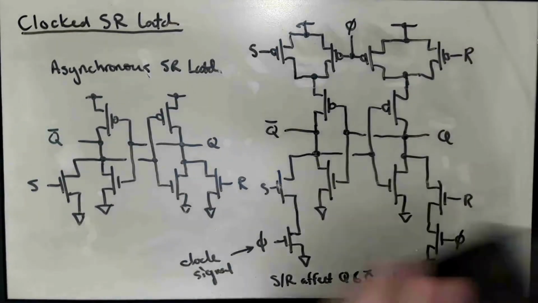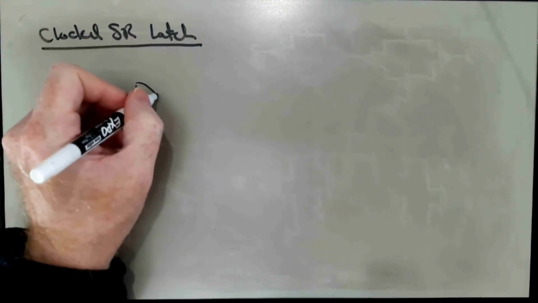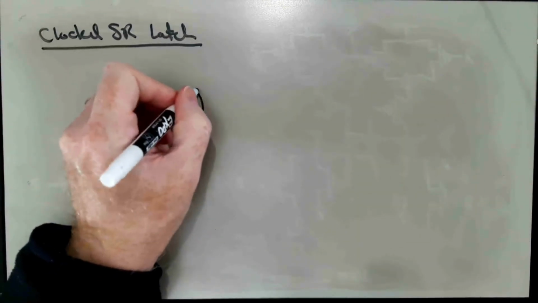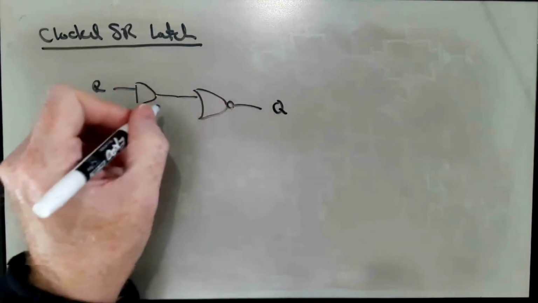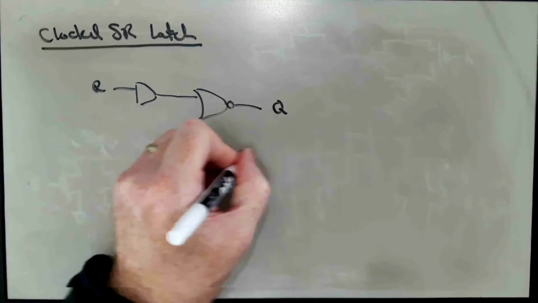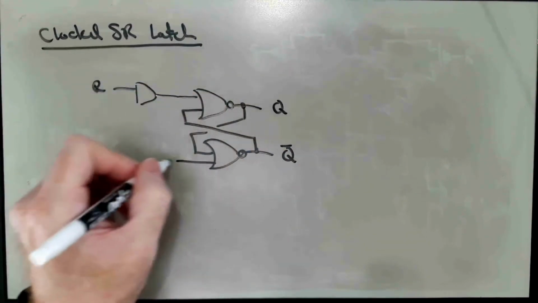And so in terms of the gate level implementation, or in terms of standard two input logic gates, our clocked SR latch might look something like an AND gate going into, so this would be R, Q, Q bar, get our cross coupling here. We have a second AND gate.